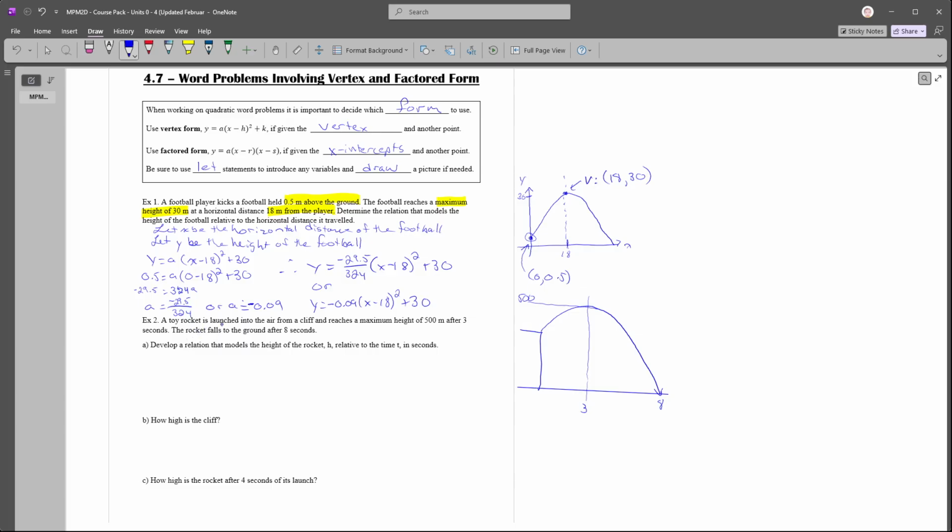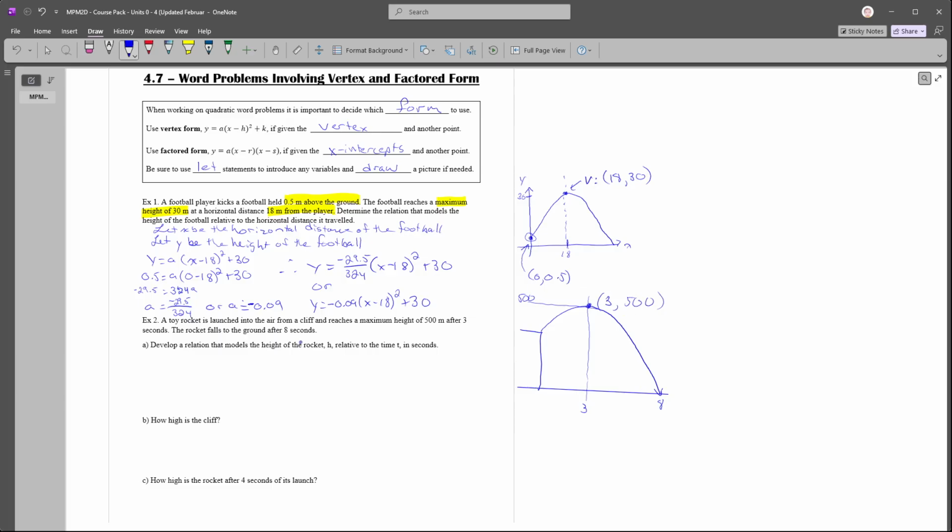So the toy rocket launches into the air from a cliff and reaches the maximum height of 500 meters. Are we talking about vertex form or are we talking about factored form? Well, we're given the vertex again. We know where its maximum height is. So we know h and k, 3 and 500. 3 and 500 what? What are our x and y components here?